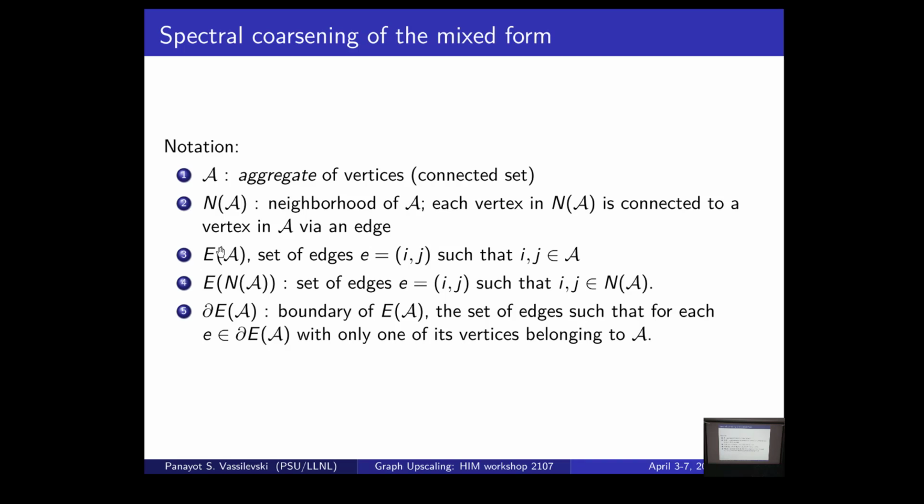So now we'll try to review how we do this coarsening procedure. We'll have this graph with vertices. We'll partition it into aggregates, a non-overlapping partition of degrees of freedom of vertices.